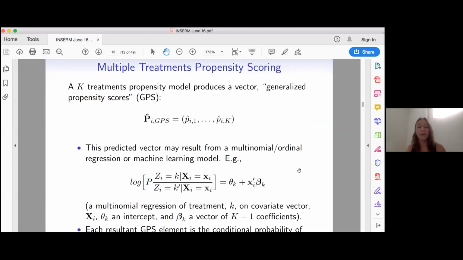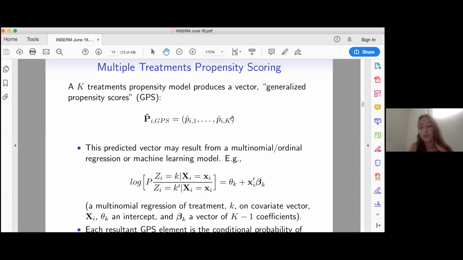All right, so what happens with multiple treatments propensity scoring? So now in step 1, we need a propensity model for K treatments. So any model that I fit, multinomial regression, ordinal regression, machine learning model, I'm going to get a generalized propensity score, which they call a GPS, which is a vector with each person's estimated probability of receiving each treatment, right?